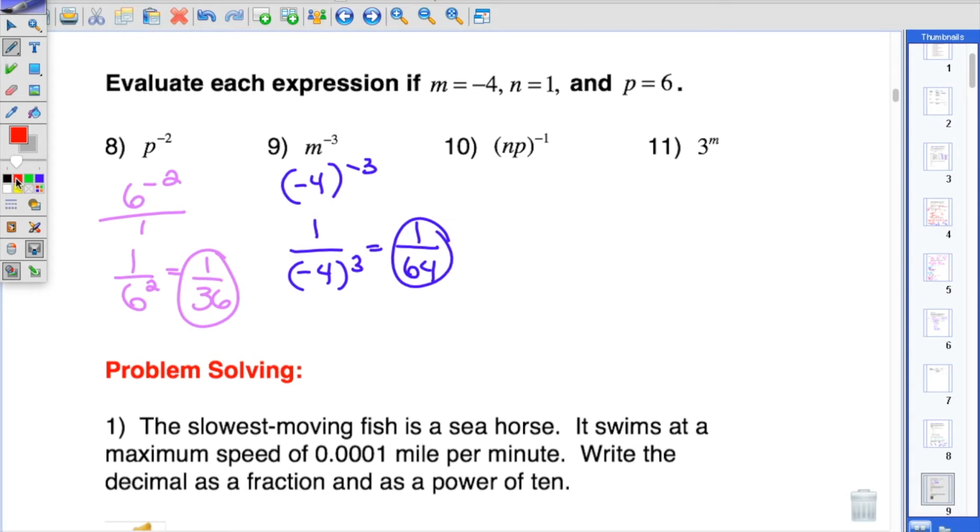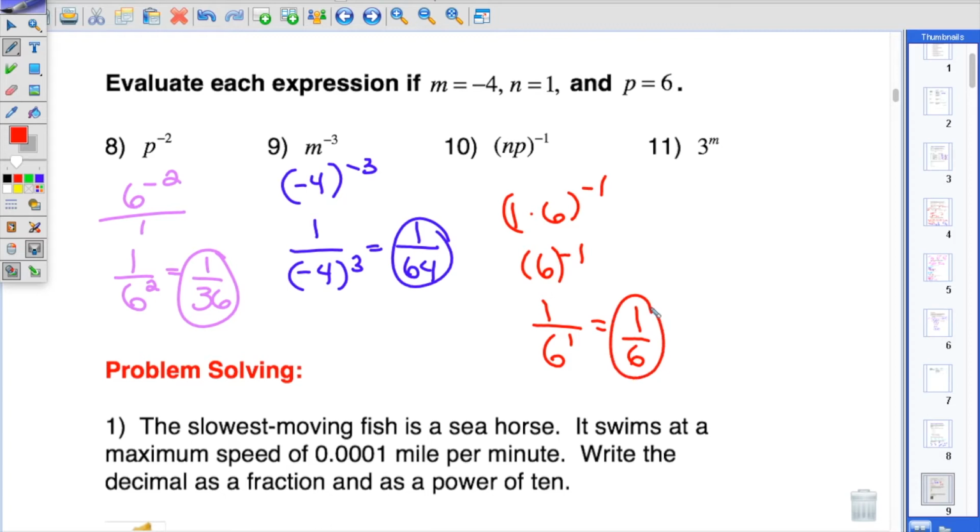Number 10, np in parentheses to the negative first power. So n is 1, p is 6, raised to the negative first power. So 1 times 6, doing the order of operations, is 6 to the negative first power. Since our exponent is negative, it's 1 over 6 to the first power, or 1 over 6.